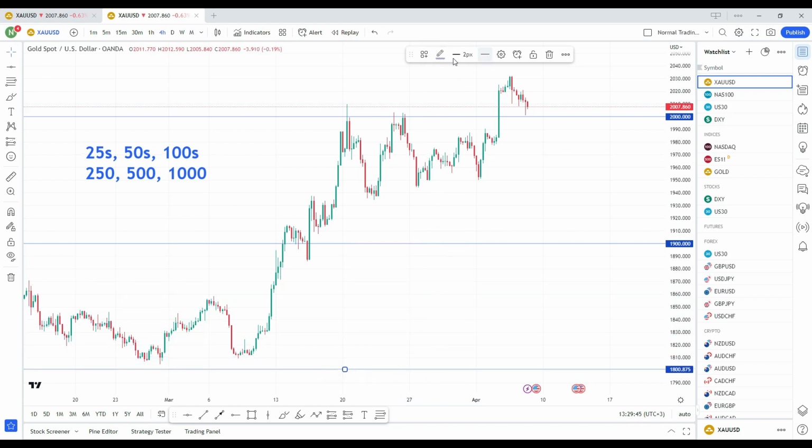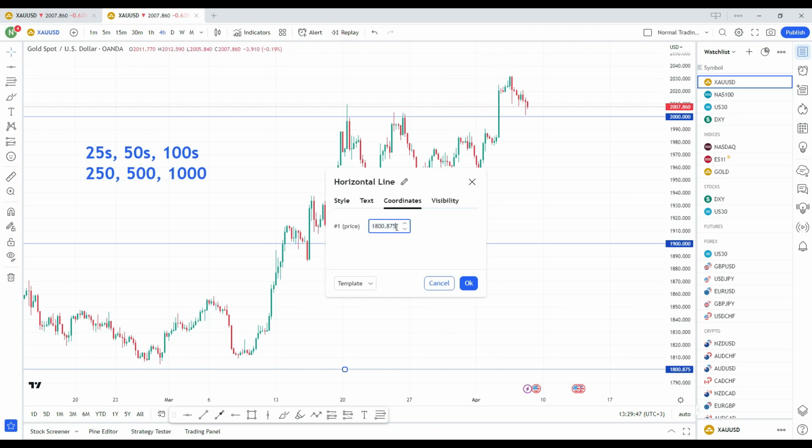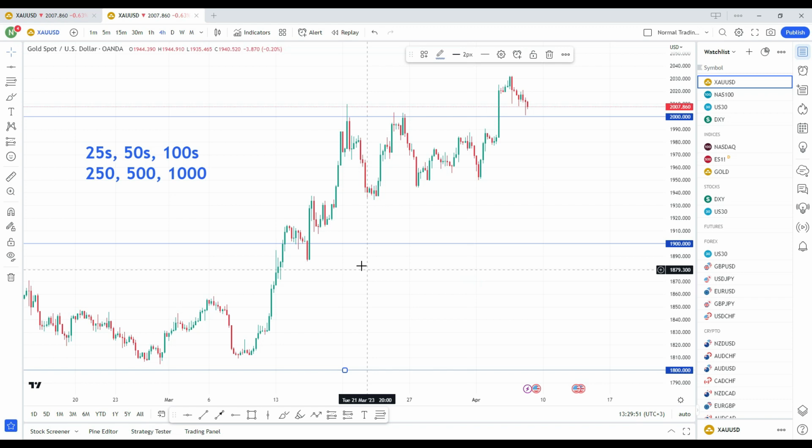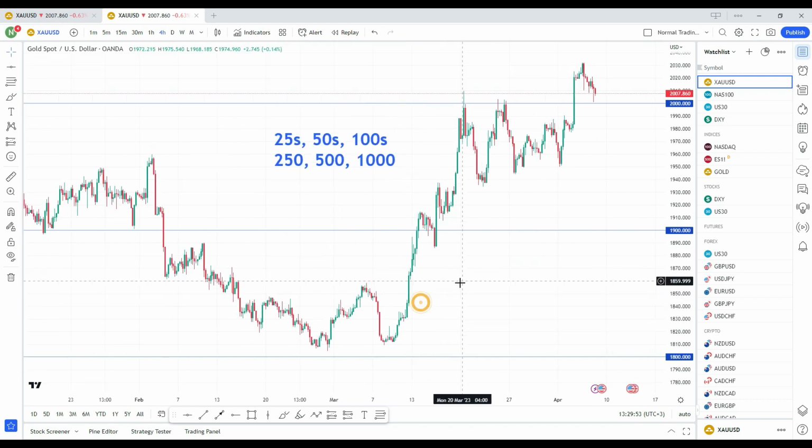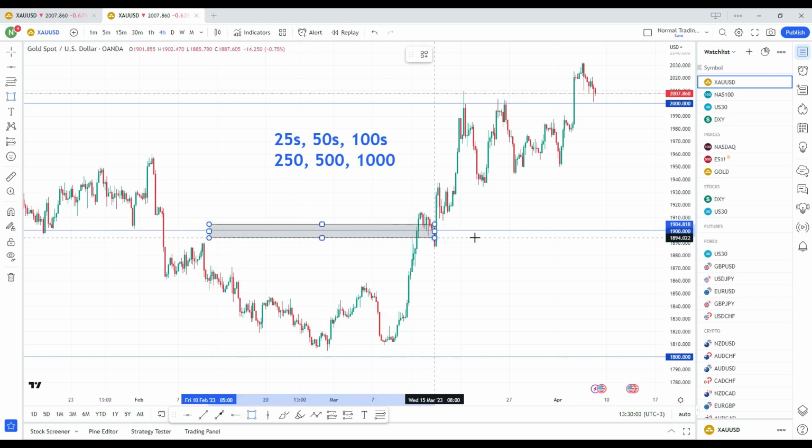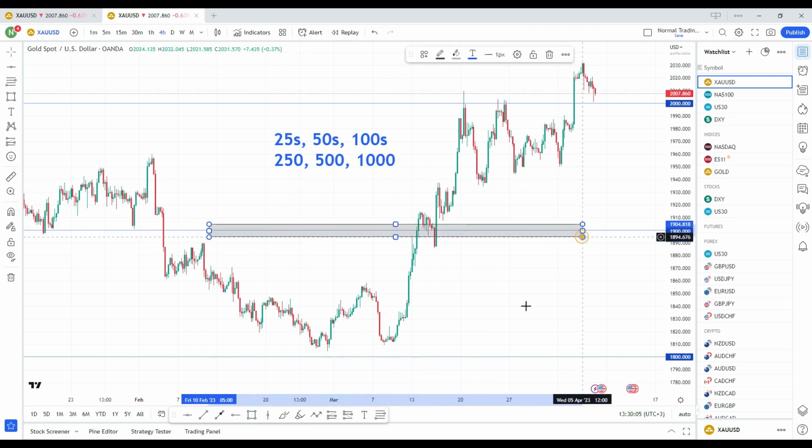And 1800. So in this example, these are zones. Don't look at them as lines. Give them some room and ensure you are giving them some allowance to make it a zone.